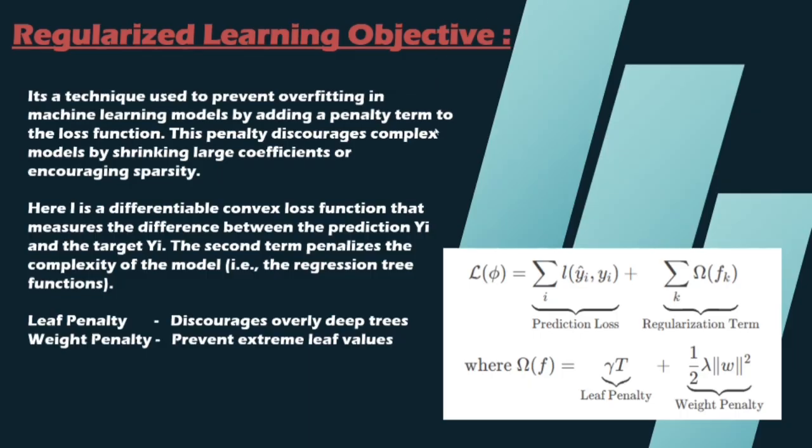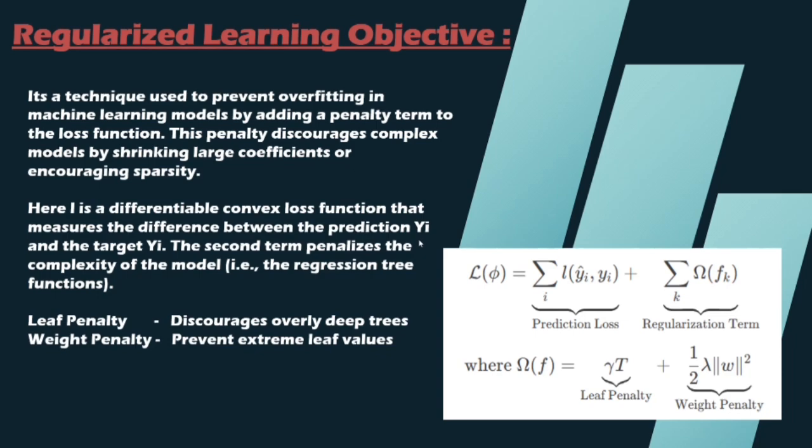Here our aim is to minimize the regularized objective, which is a combination of the prediction loss and the regularization term. In the prediction loss, the convex loss function, small l, measures the difference between the predicted value and the target value. The regularization term is further branched into a leaf penalty and a weight penalty.